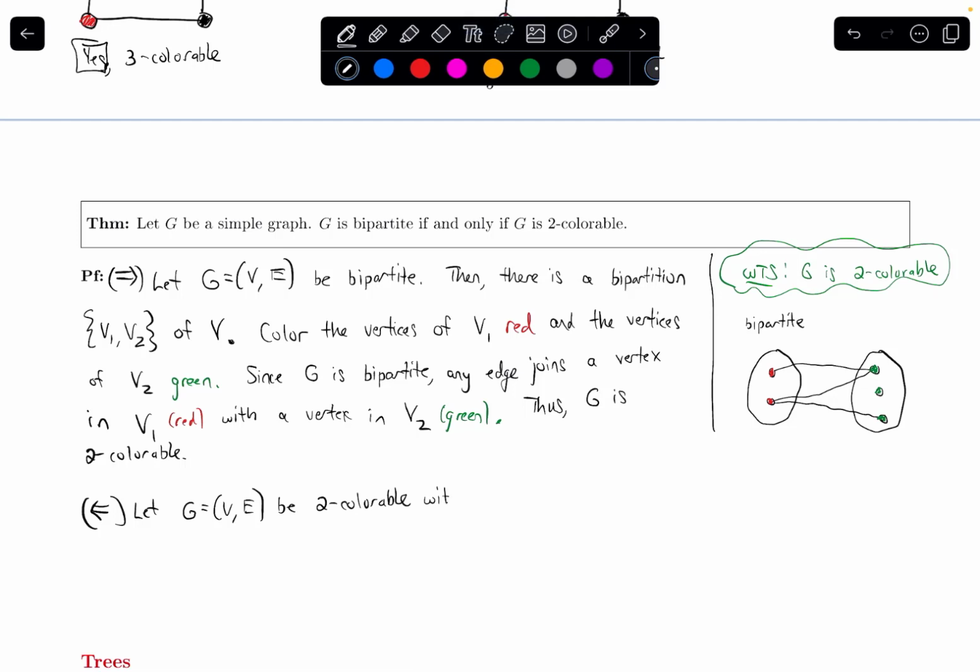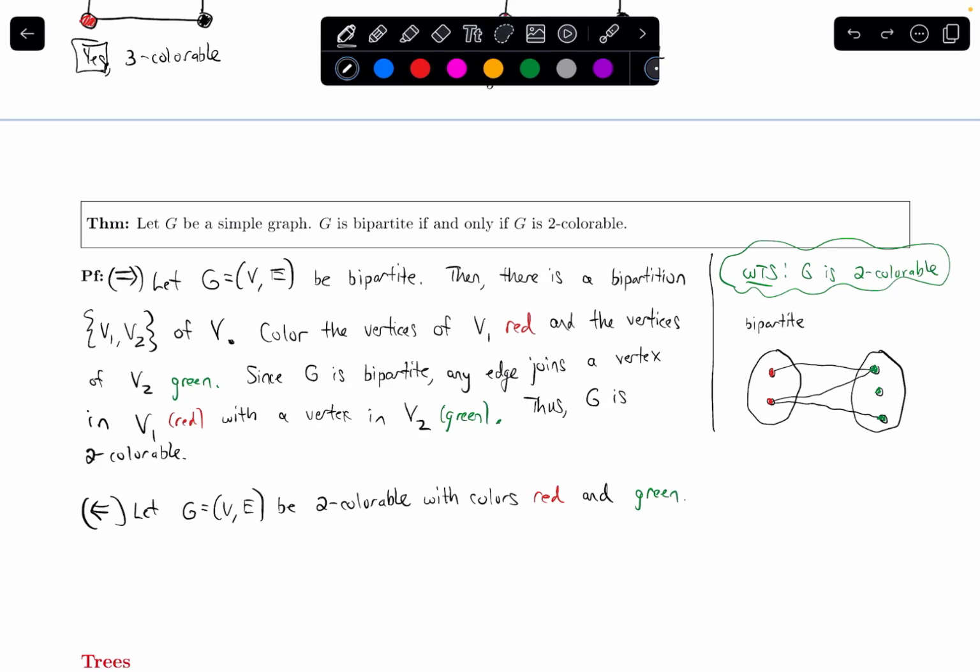I can pick whatever I want, just any two colors, with colors red and green. Okay, so now I just know that it's two colorable. What I'm going to do is take all these red vertices and all these green vertices and make them be the two groups that I would need for it to be bipartite.